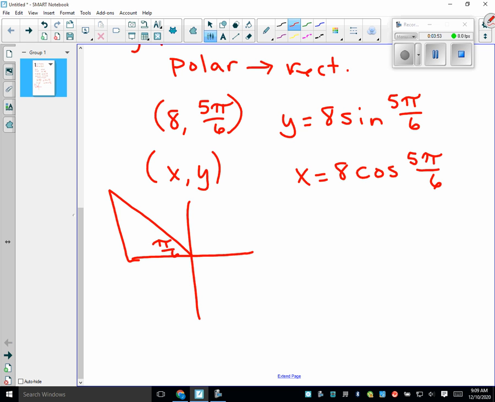What's this side right here? 1, 2, and radical 3, negative radical 3. So y equals 8 times 1/2, which is equal to 4. It really only works out for this one specific problem. What is x? 8 times negative radical 3.